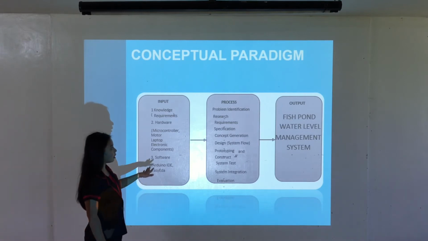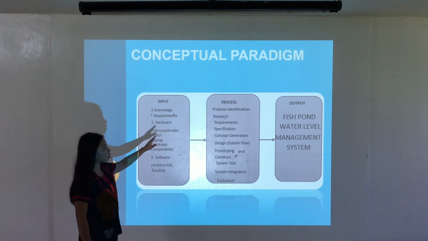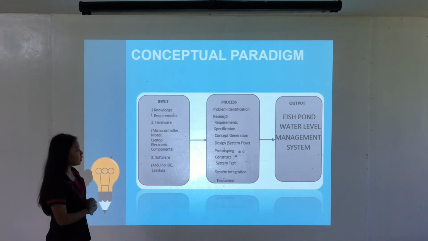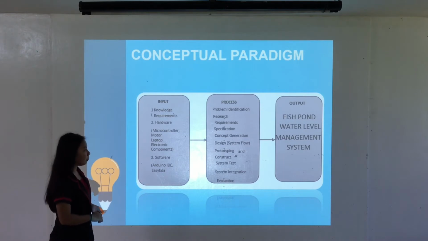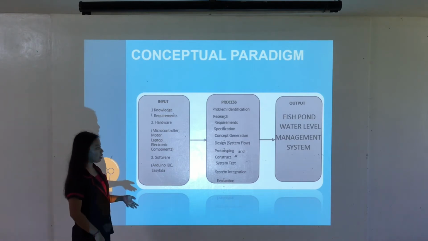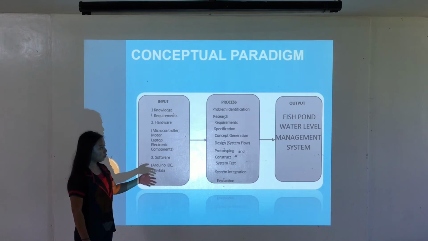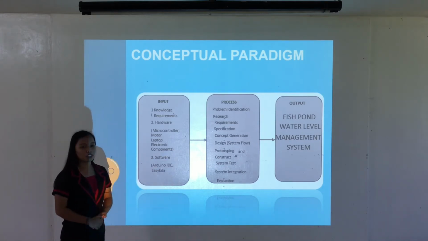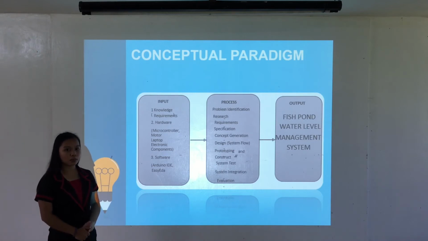The process includes the problem identification, research, requirements specification, concept generation, design or the system flow, the prototyping and construction, the system test, the system integration and evaluation, and the output is our project, which is the fish pond water level management system.